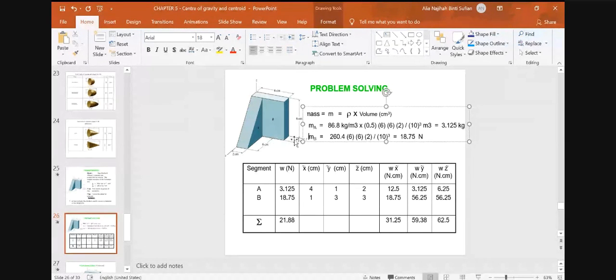Let's look at MB first, the mass of B. B is a rectangle, like a box, with density 260.4 kilogram per meter cube.